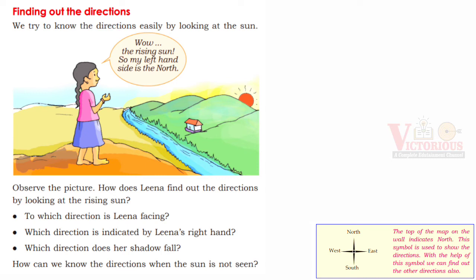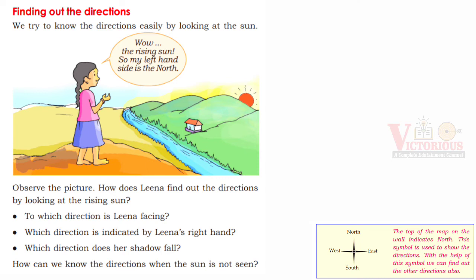Sun rises in the east. So this girl is telling, the rising sun, so my left hand side is the north. So finding out the direction easily by looking at the sun, right?